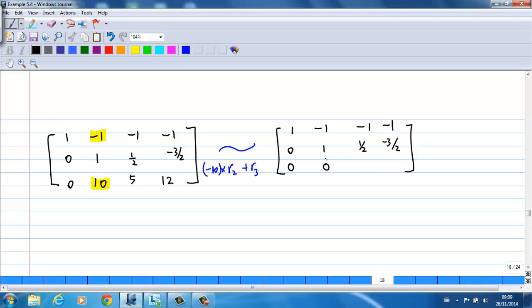Half times minus 10 you get minus 5, minus 5 plus 5 you get 0. Minus 3 over 2 times minus 10 you get 15, 15 plus 12 you get 27.